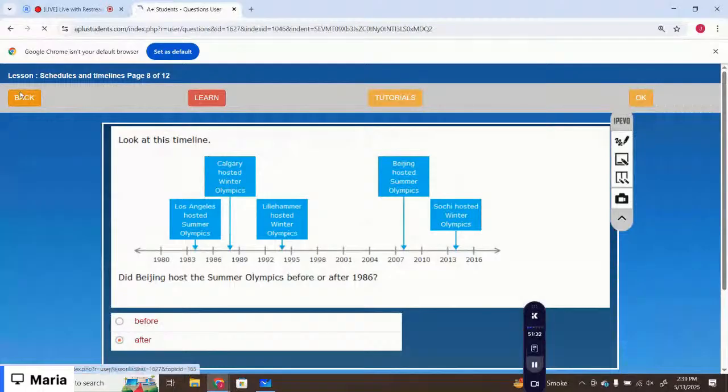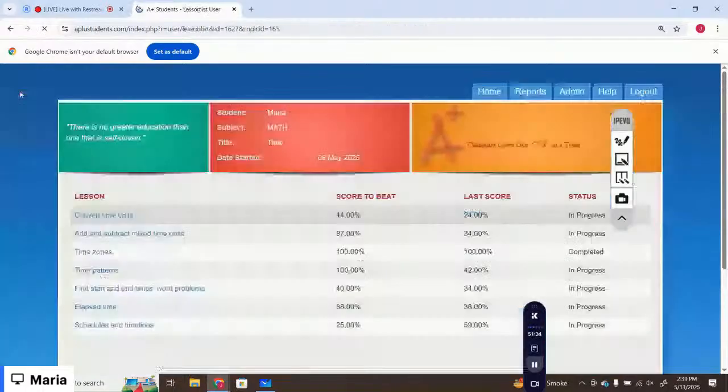So we were working on grade 5 math. The chapter we were working on is time. The lessons we have covered today are time patterns, find start and end time, word problems, and elapsed time.